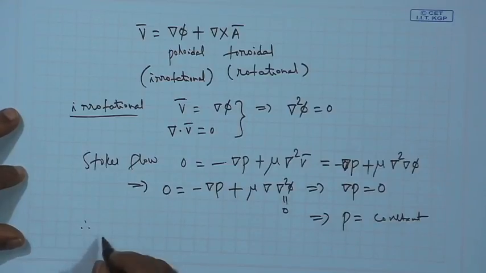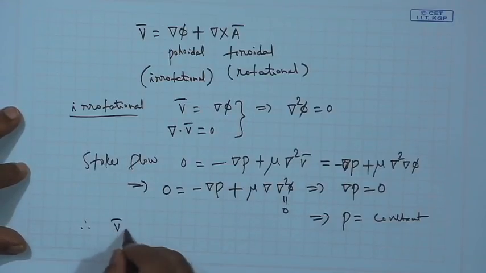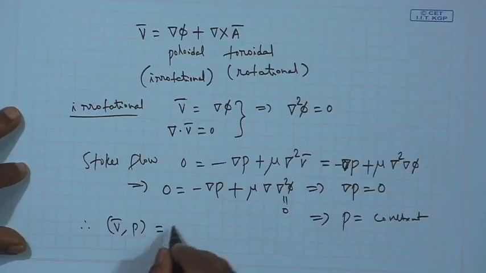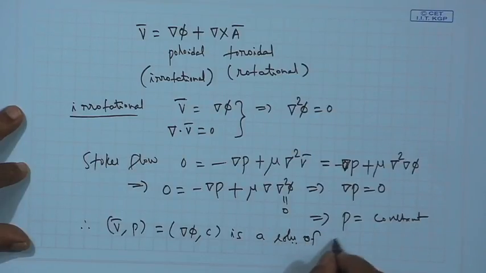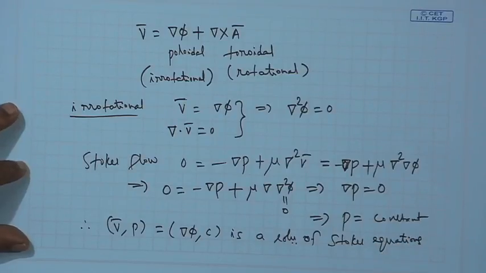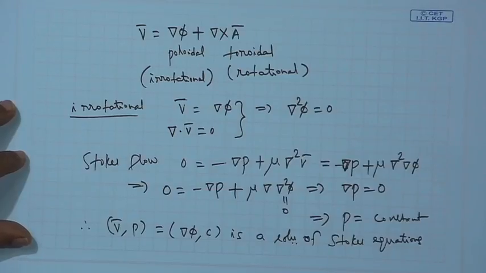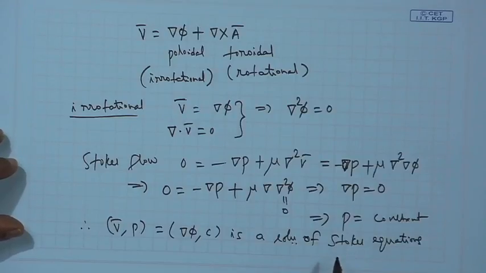So, therefore, the conclusion is V with P given by constant is a solution of Stokes equations. And what kind of solution? This is an irrotational solution. Okay. So, this is a particular one.